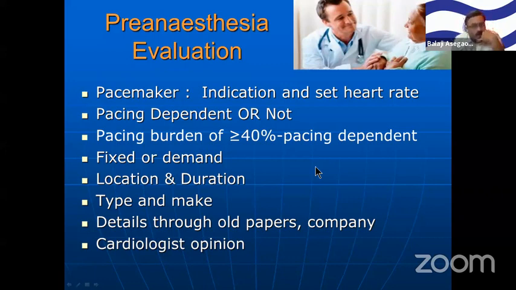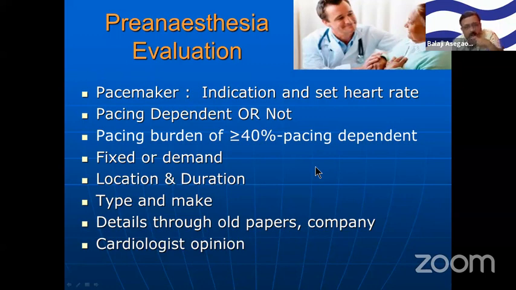Now, when do you call a patient pacing dependent? Suppose 40% of his QRS complexes are paced, then we call the patient pacing dependent. Now, there are two modes by which a patient can be paced. One is demand mode and the other is fixed mode. Demand mode means the patient intermittently undergoes a bradycardia episode.